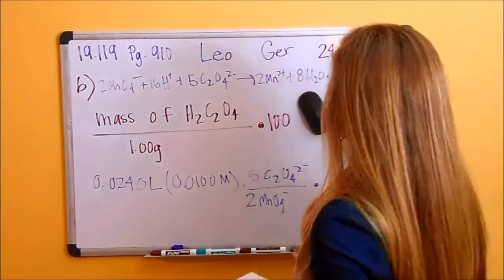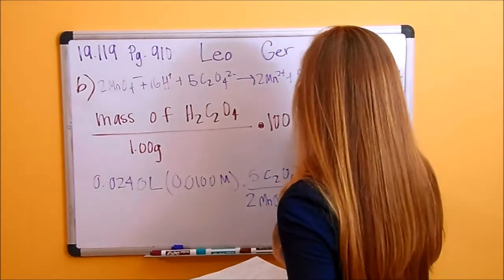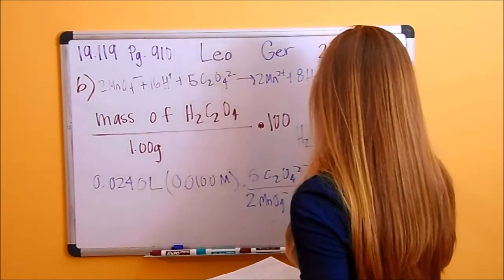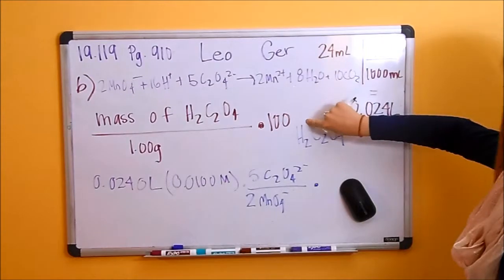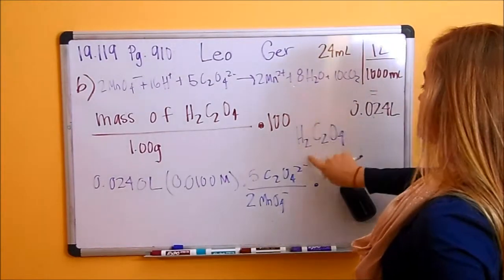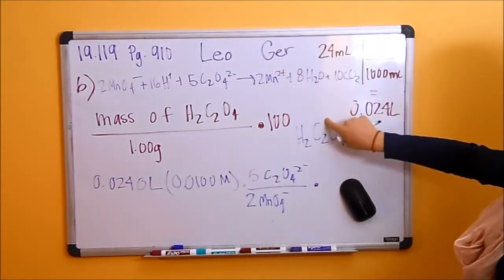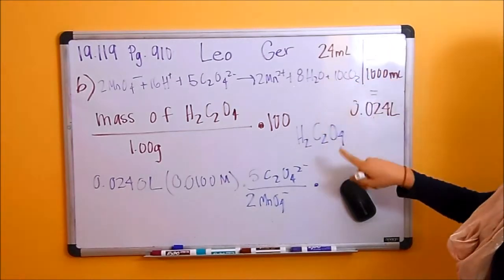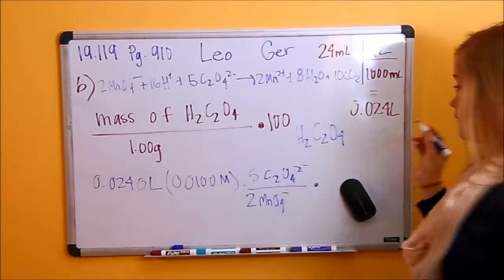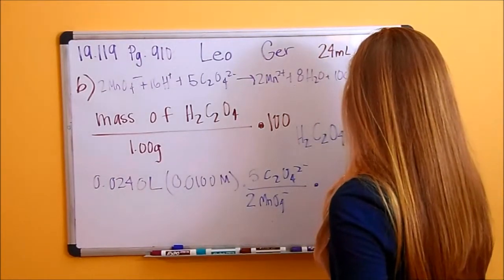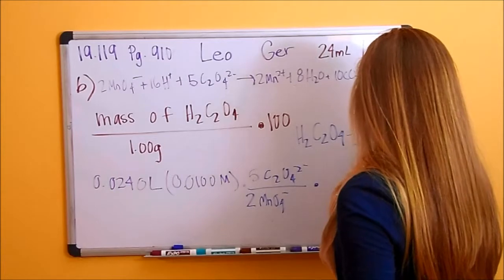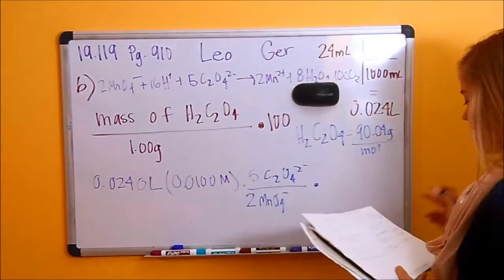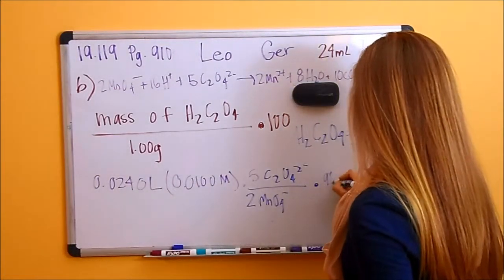So if you take the H2C2O4, write this out, the mass of this is 1.008 grams per mole, 2 of those, so times 2, plus 2 times 12.01, plus 4 times 16.0. That gives us 90.04 grams per mole. And we need to add that into the equation. So we're going to times it by the 90.04.